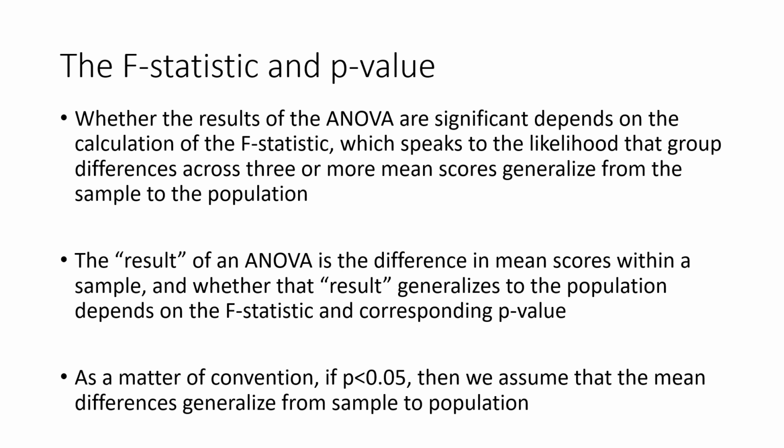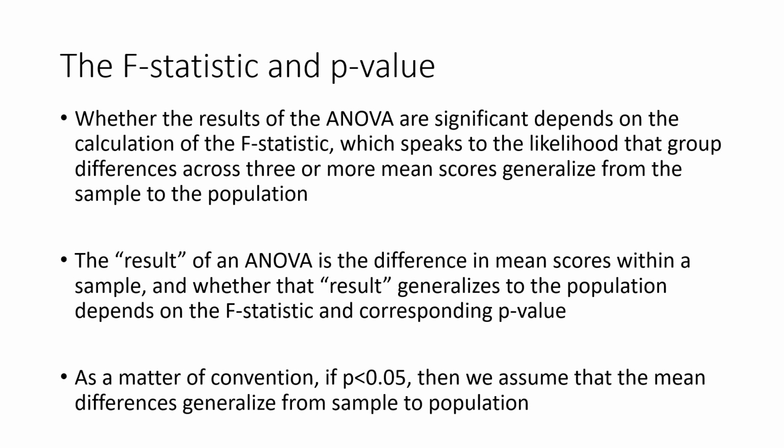This is the result of the ANOVA, the F statistic. And as the F statistic gets larger, your p-value will tend to get smaller, and a smaller p-value suggests a greater confidence in our ability to generalize from our sample to our population.